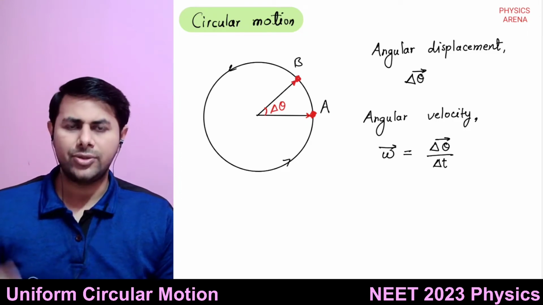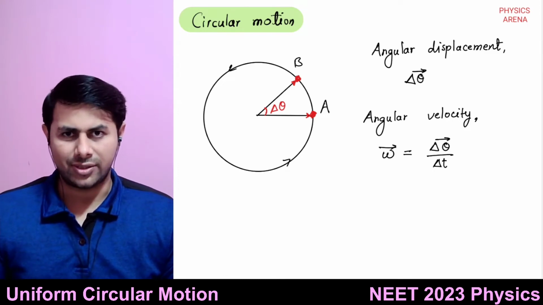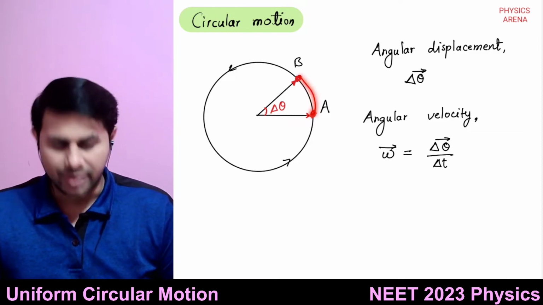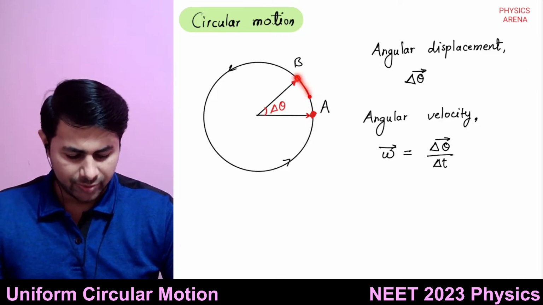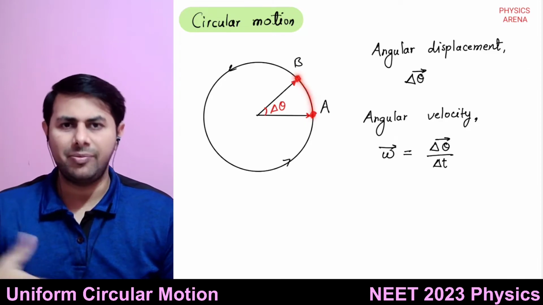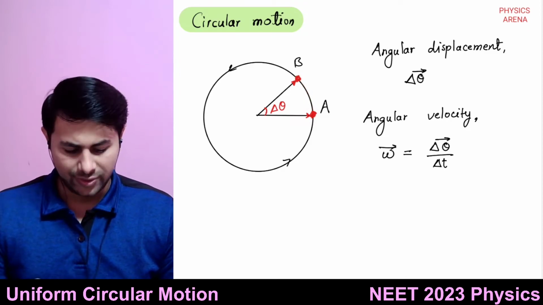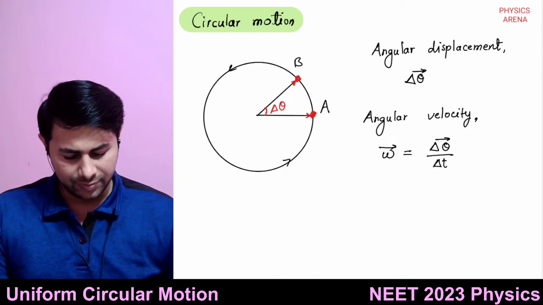And those two senses of revolution are opposite to each other, so we can't say that when an object moves from A to B and the other object or the same object moves from B to A, these are the same rotations or same revolutions. We can't say that. So the angular displacement is a vector quantity.